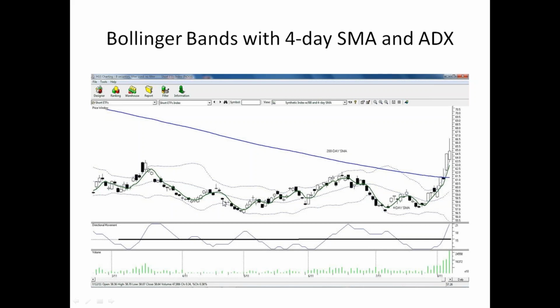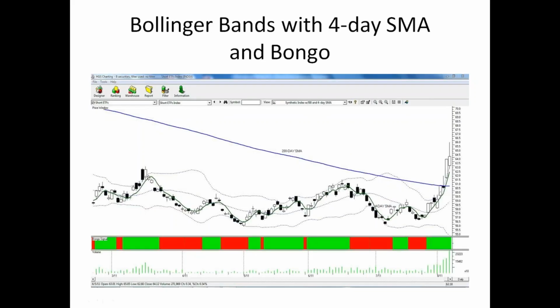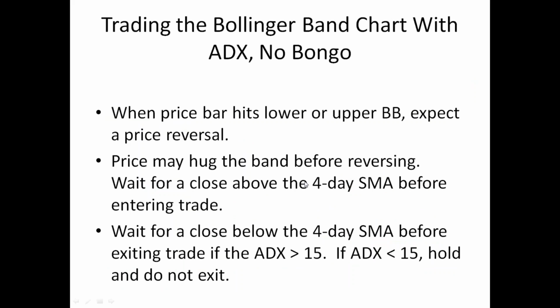Here's get ready. Here's get set to go short. We closed above the 4-day SMA. Go. Whoops. Price may hug the band before reversing. Wait for a close above the 4-day SMA before entering the trade.